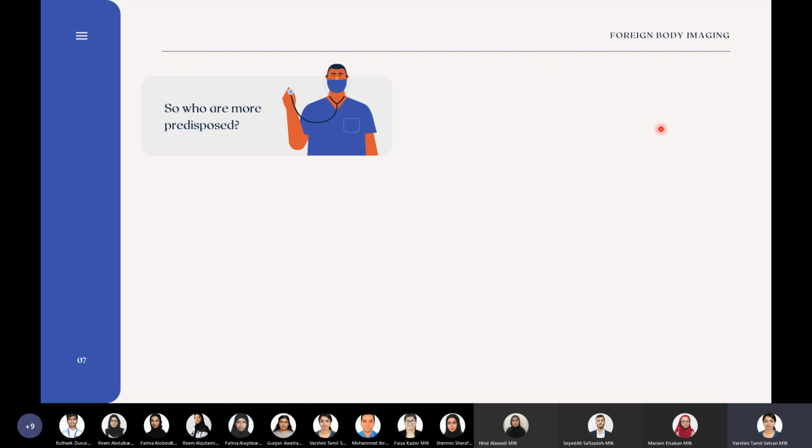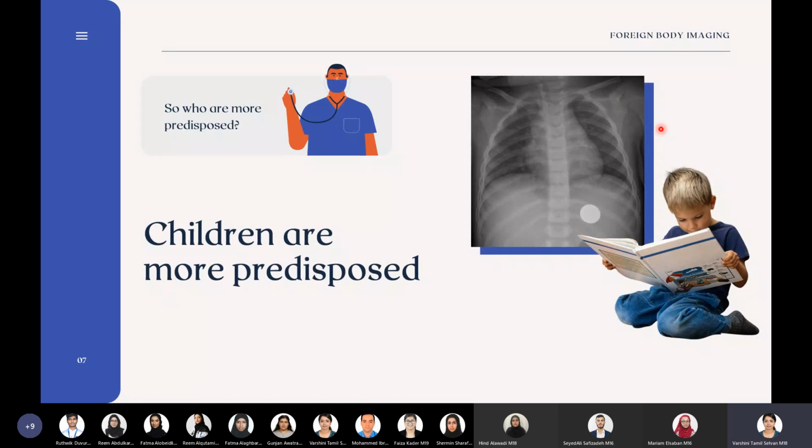Yes, children are more predisposed. As you guys rightly said, children under the age of 4 mostly, with a slight male predominance, are more predisposed, as they are more prone to be very curious in nature and put whatever they grasp in their mouths or up their nose, etc. Typical examples include children swallowing coins, razor blades, and silverware.